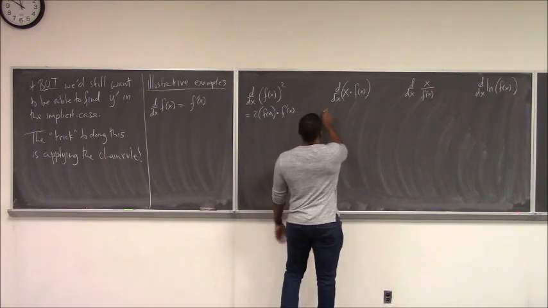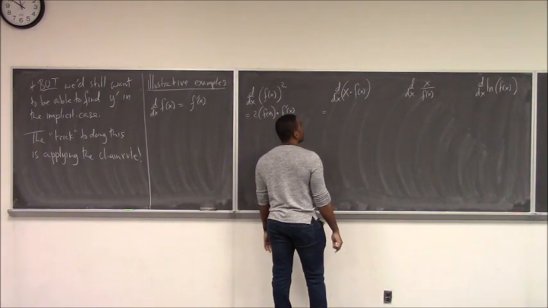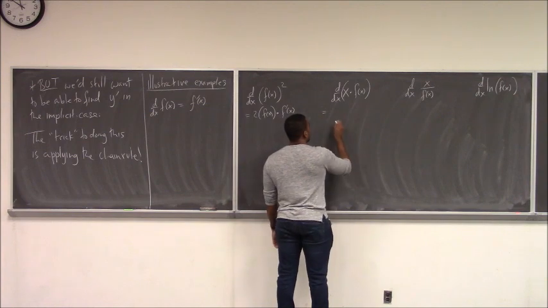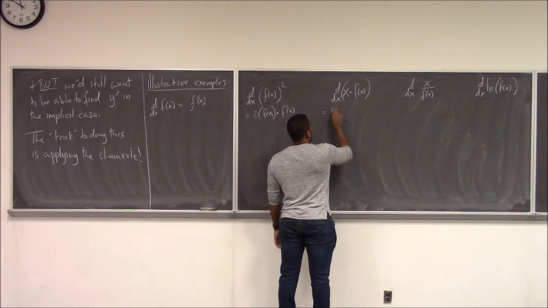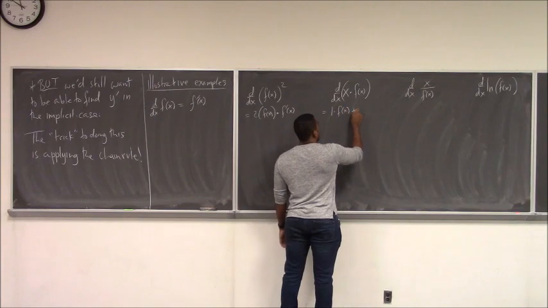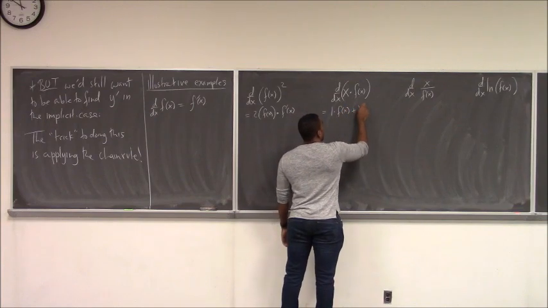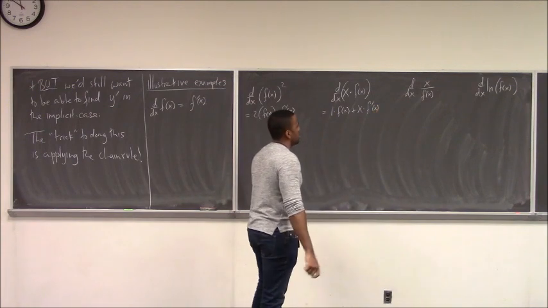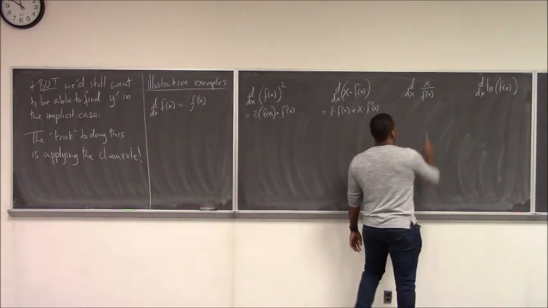What would this one look like? Differentiate x, so you get f of x plus x times f prime of x. Okay. What about this one?